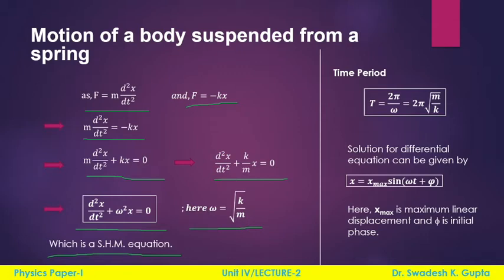The time period will again be the same as in the previous case: T is equal to 2 pi by omega, and putting in the value of omega we can get the time period.